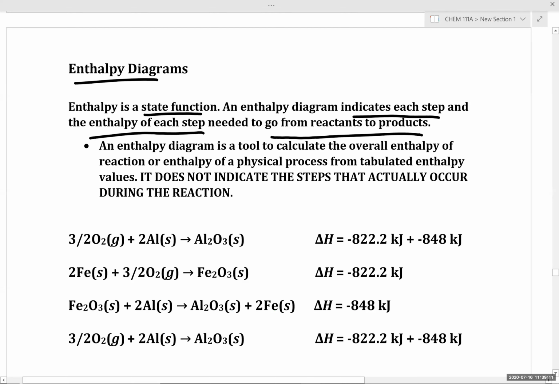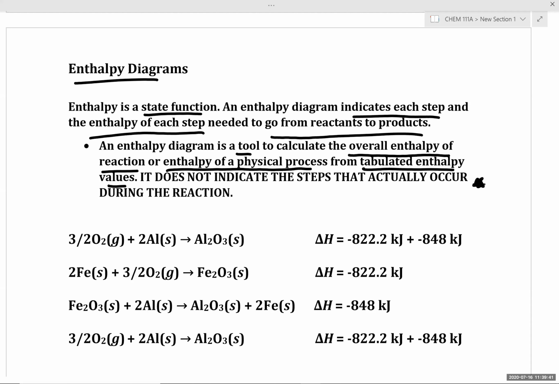So an enthalpy diagram is a tool to calculate the overall enthalpy of reaction or the enthalpy of a physical process from tabulated enthalpy values. Now, what's really important to note is that the enthalpy diagram is not describing the actual steps in the reaction. They're describing a series of steps that would get us from the reactants to the products.